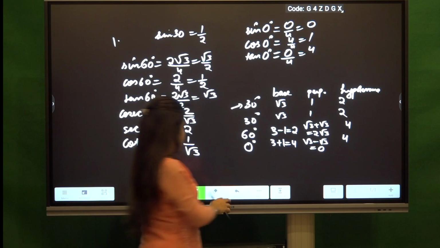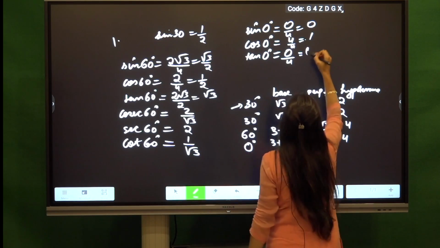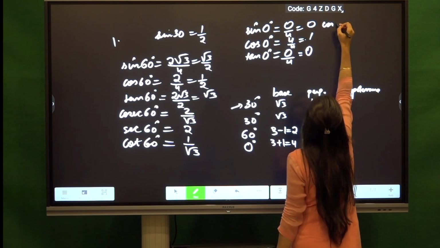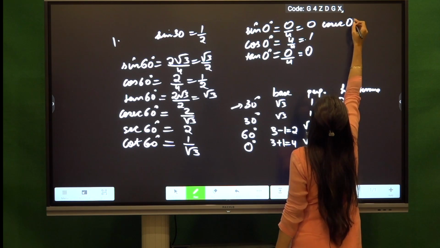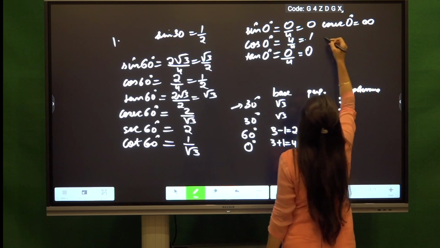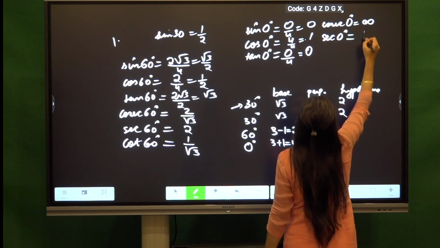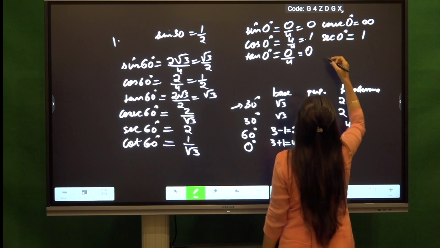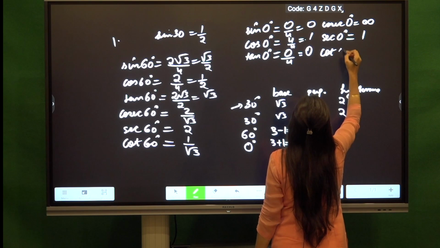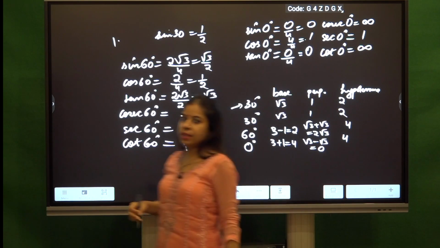Oh, sorry, that is 0 only. Now, cosecant 0 degree is 1 by 0, which is infinity. Secant 0 degree is the reciprocal of 1, which is 1, and cot 0 degree is infinity, that is not defined.